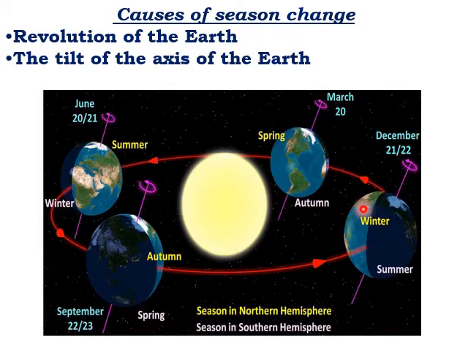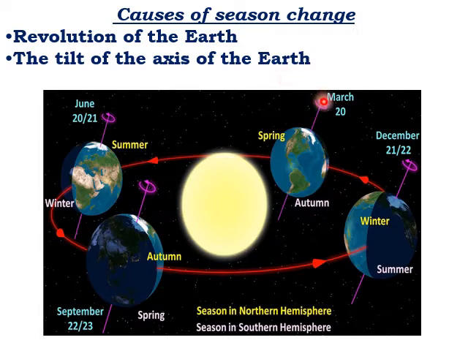Now, two things are responsible for our changes of season. What are they? They are the revolution of the earth and the tilt of the axis of the earth.